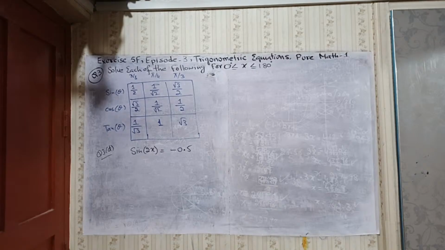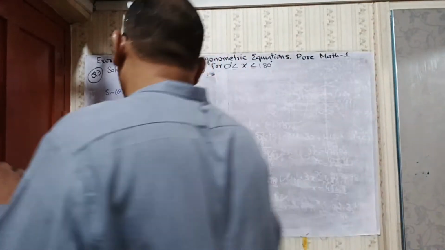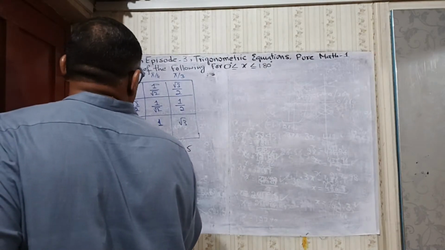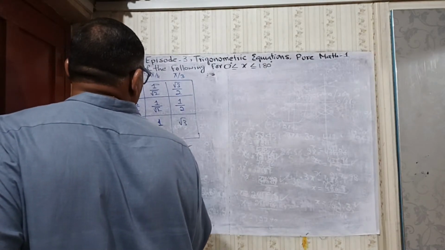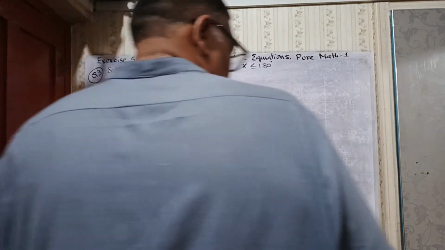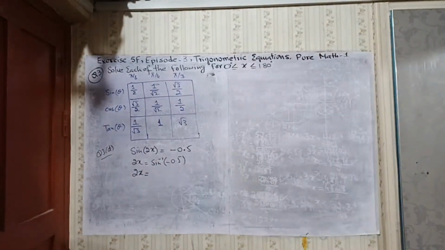From here, I will first of all find the answer. The calculator gives 2x equals the sine inverse of minus 0.5. So let's find the answer, sir. Sine inverse of minus 0.5, and let me check. Yeah. Okay.